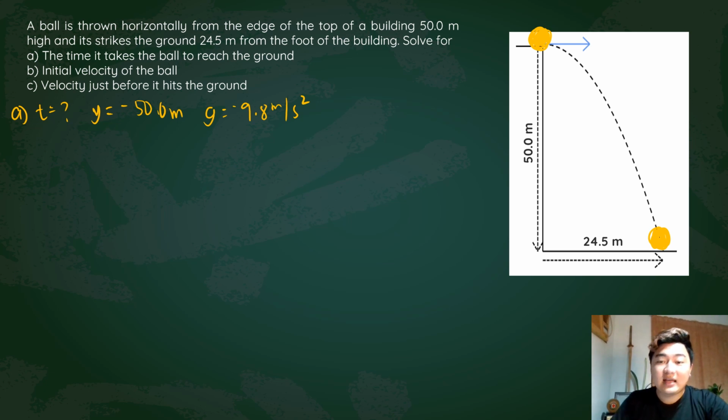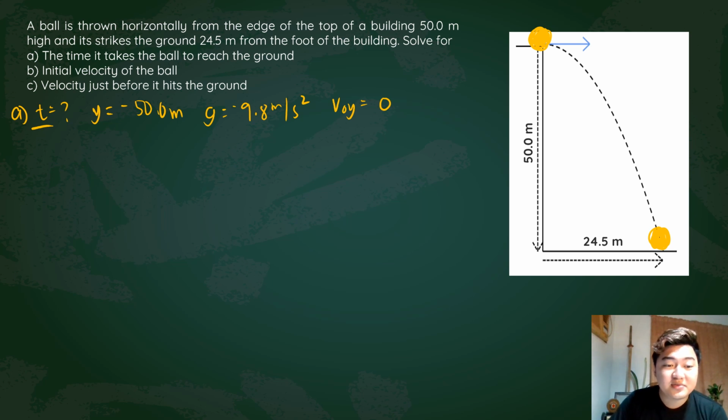If this is the maximum height of the object, then it's also safe to conclude that your initial velocity along the y is 0, since it is horizontally launched. So we have several values already, and we can solve for time using these three known variables.